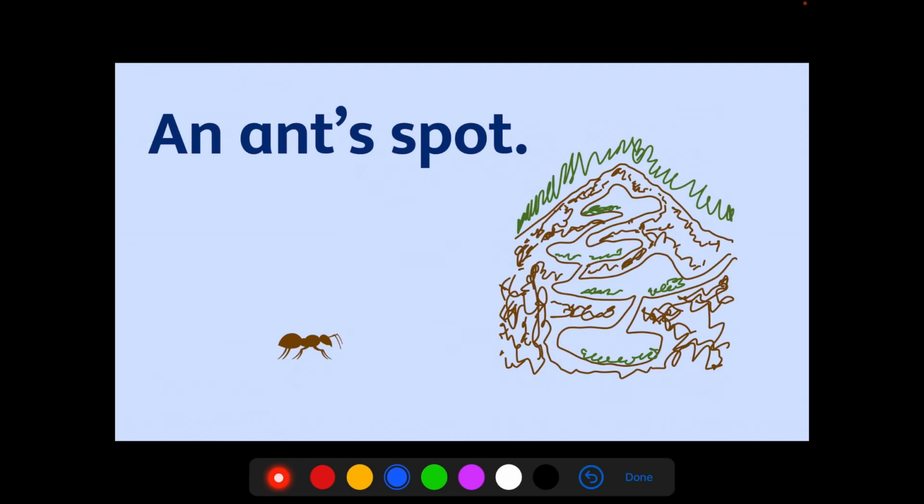Their favourite spot is their nest. They wouldn't be favourite in my house if I found them. So their favourite spot is the nest. And here we have written it the same way we wrote a name. Ant is a naming word, so we've added apostrophe S.